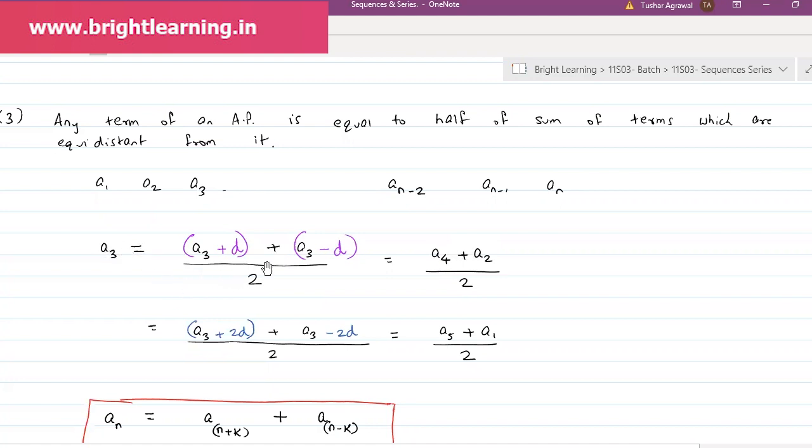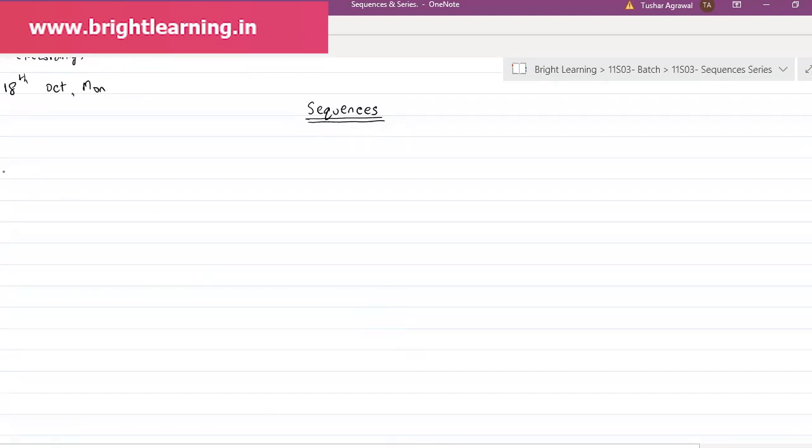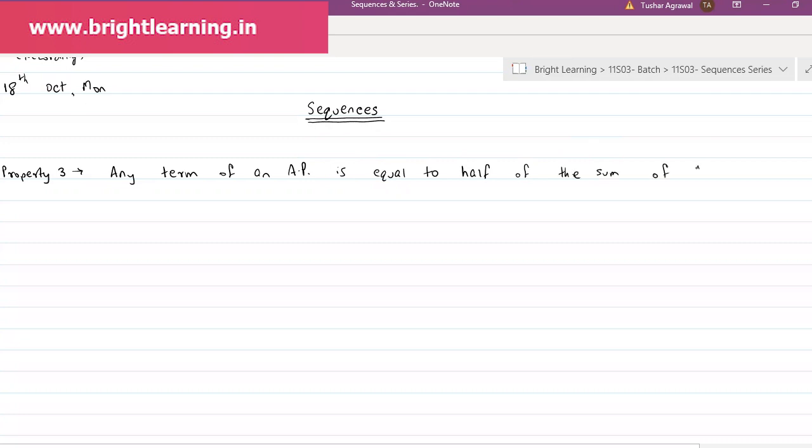Let me write this property again: any term of an AP is equal to half of the sum of terms equidistant from it.